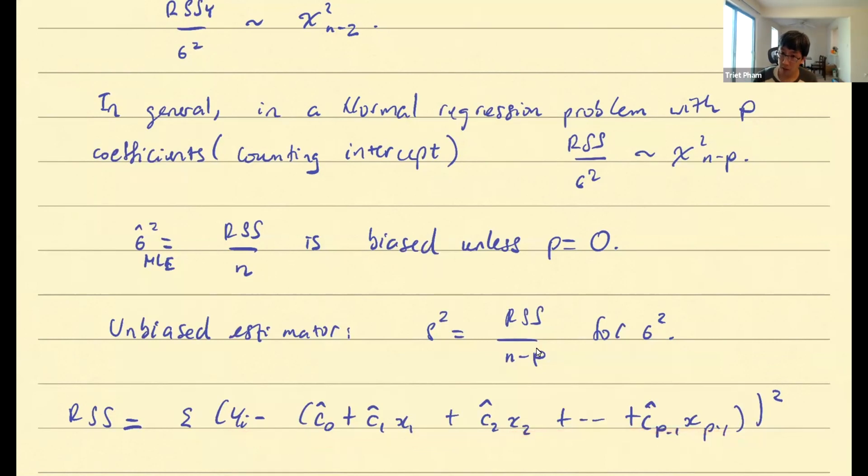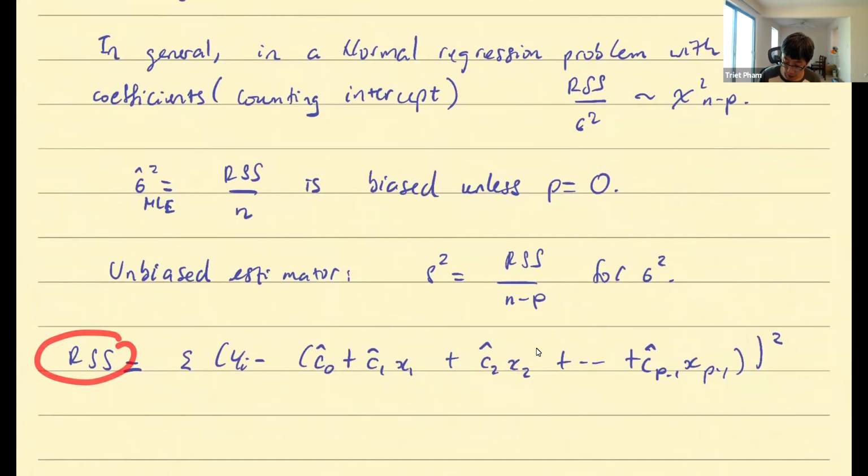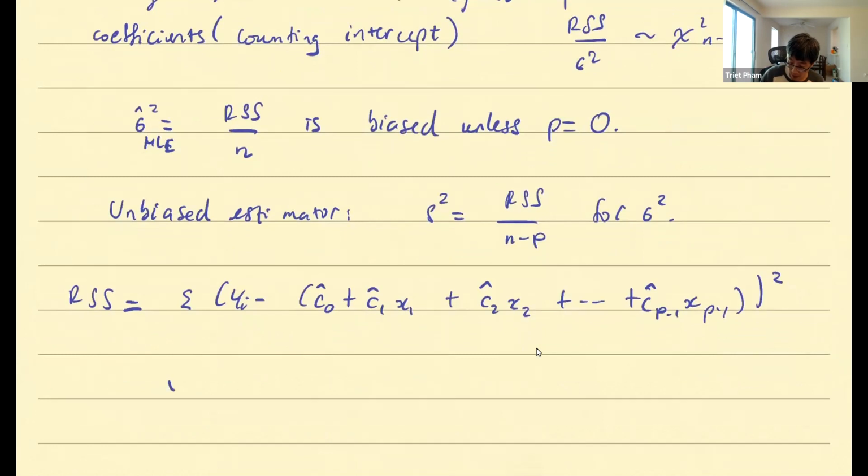The very purpose is exactly this divided by the appropriate normalizing factor will be an estimator for sigma square. So the general model, or not too general, is that yi is normal, with mean C0 plus the sum over i from 1 to p minus 1 of Ci xi, and variance sigma square.